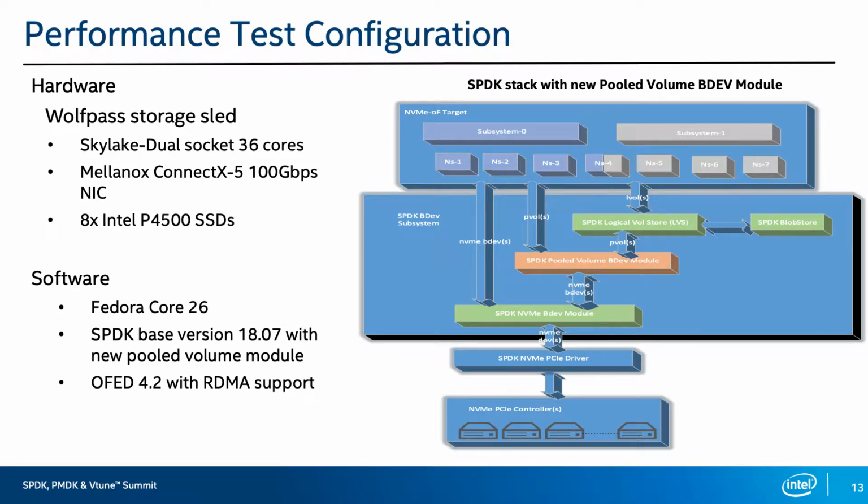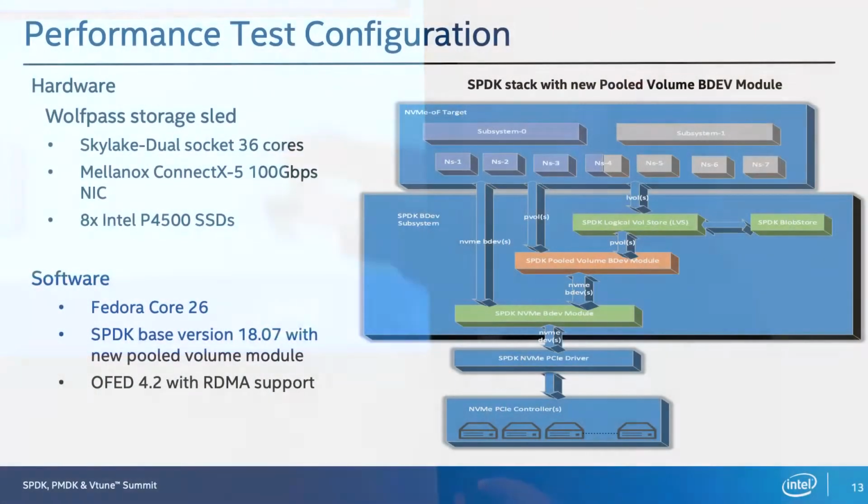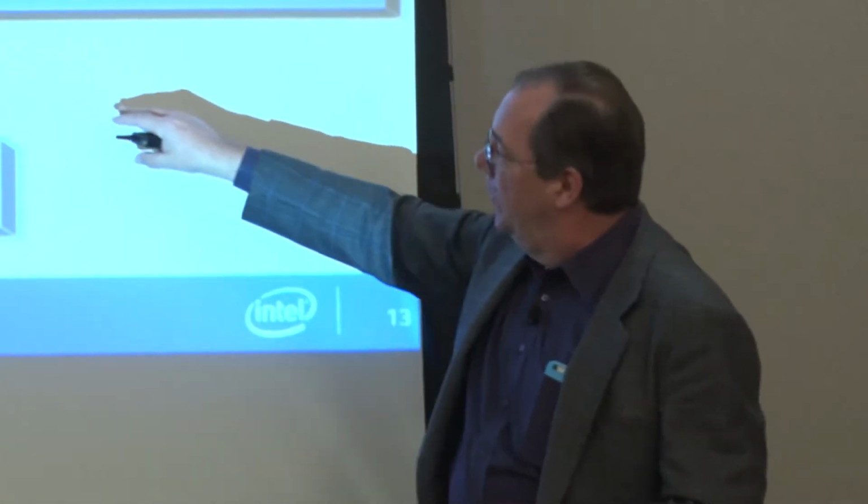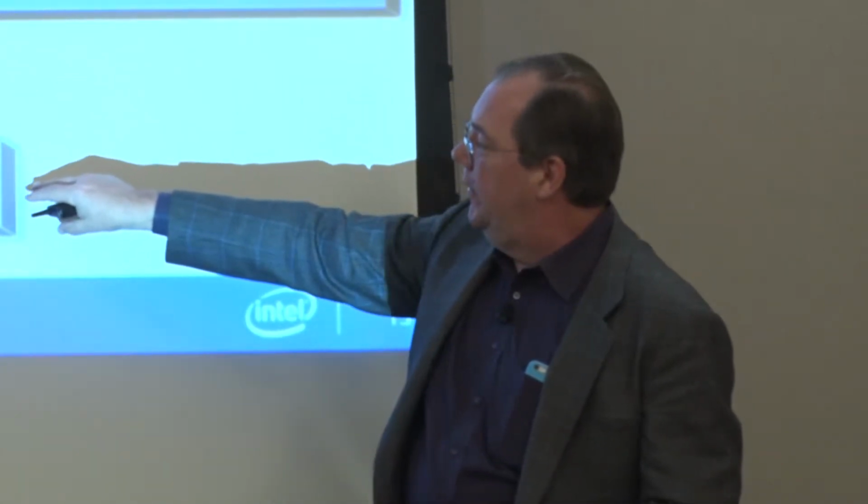We have a pooled volume BDEV module, and that's how we get that slicing and striping between that and the logical store. And so you can go in and add different BDEV modules to increase functionality and features. That's really what we're doing. We're adding different modules that provide those features in this framework, so you maintain the fastest possible data path. And of course, down here we have the NVMe PCI driver and the SSDs below it.